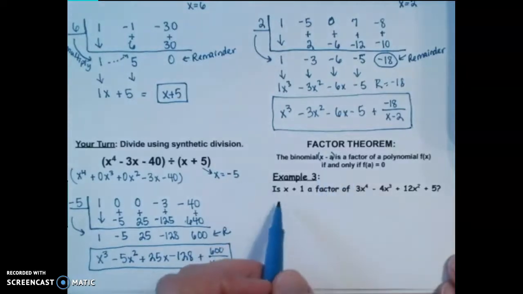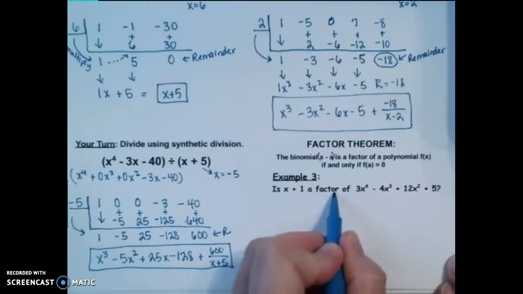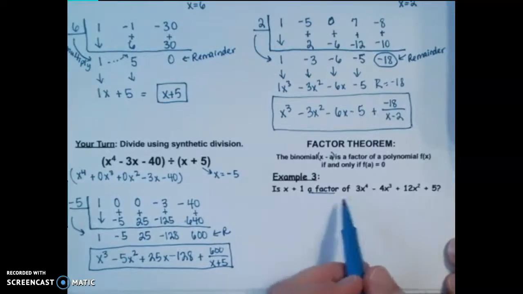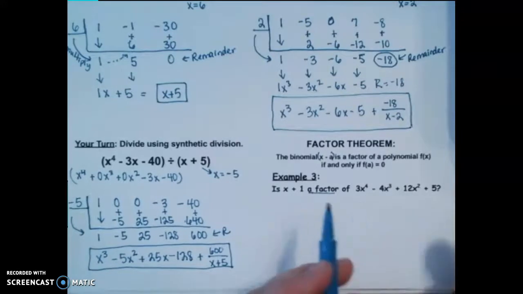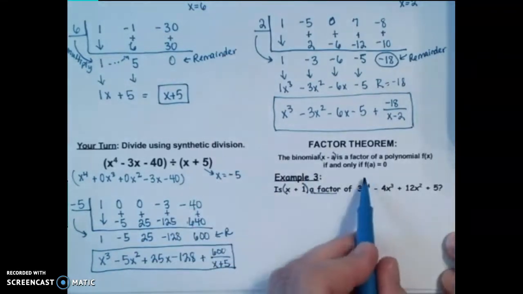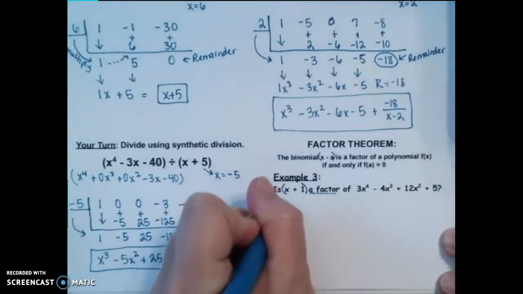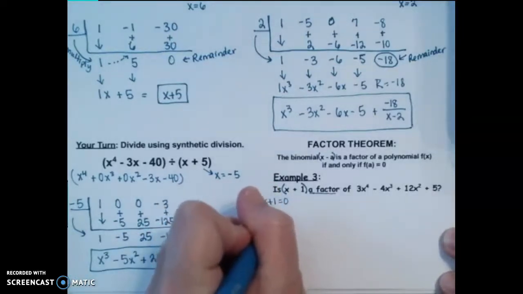So example 3 is asking us, is x plus 1 a factor of this polynomial? So if this is my factor, we're going to find f of a. Take your factor and think about setting it equal to 0, so you would subtract that 1.